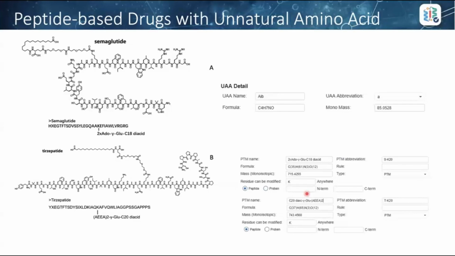To simulate in vivo metabolic processes, we used semaglutide and tirzepatide digested by chymotrypsin at about 0, 30, 60, and 90 minutes.